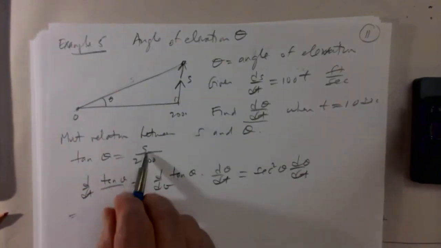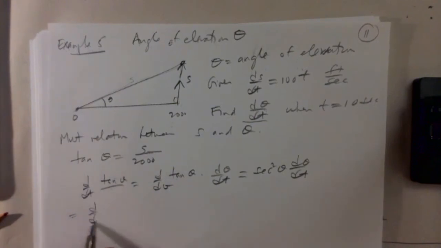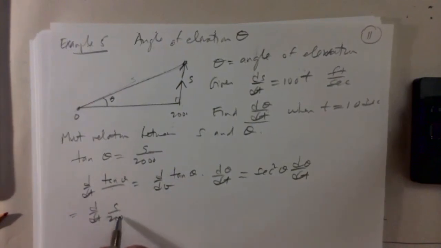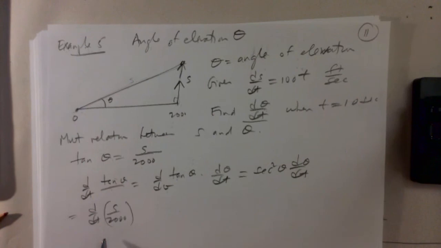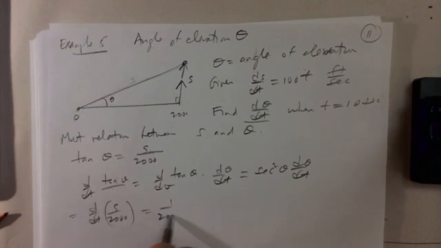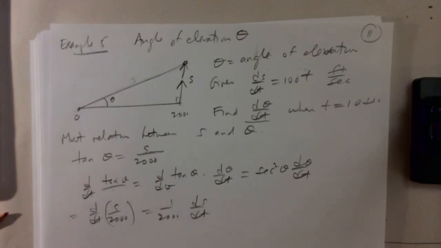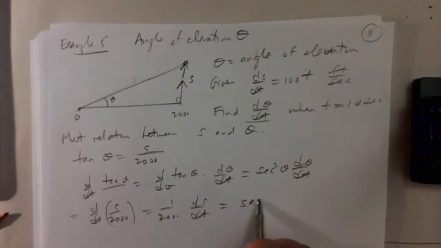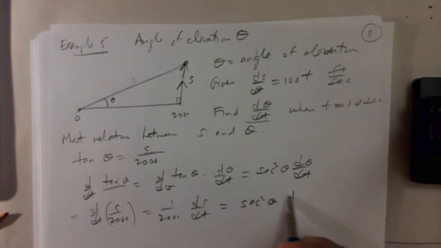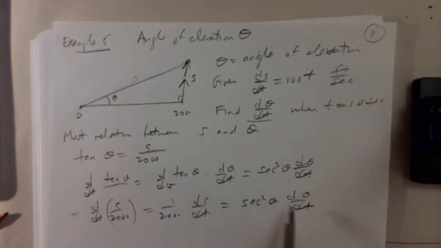But the tangent is s over 2,000. So that's the same as the derivative of s over 2,000 with respect to t, which is 1 over 2,000 ds/dt. So we have this relationship: 1 over 2,000 ds/dt equals secant squared theta d theta/dt. ds/dt is equal to 100.